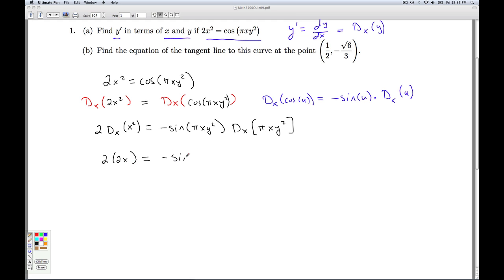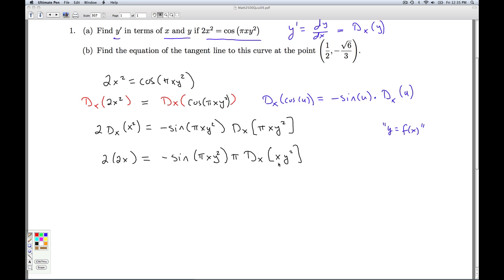On the right-hand side, let's see what's going on. If I substitute in an x and a y, the last thing I do is multiply by pi. I'll factor that out front. And here's where you really have to remember that we're assuming y is a function of x. That's the literally implicit assumption here. So I have a function of x, x, and then another function of x, y squared.